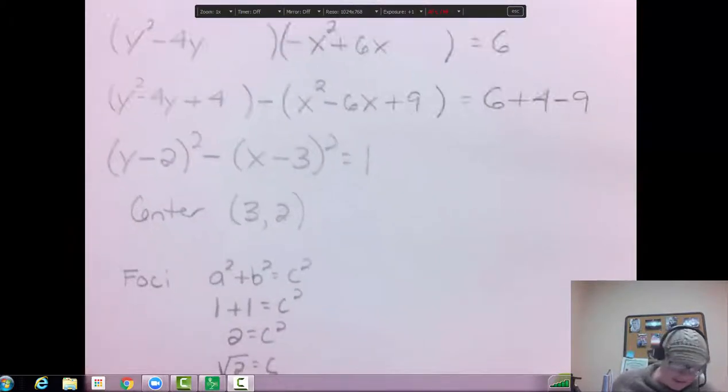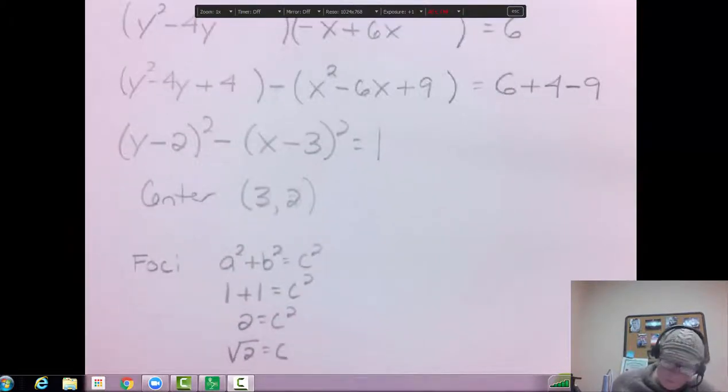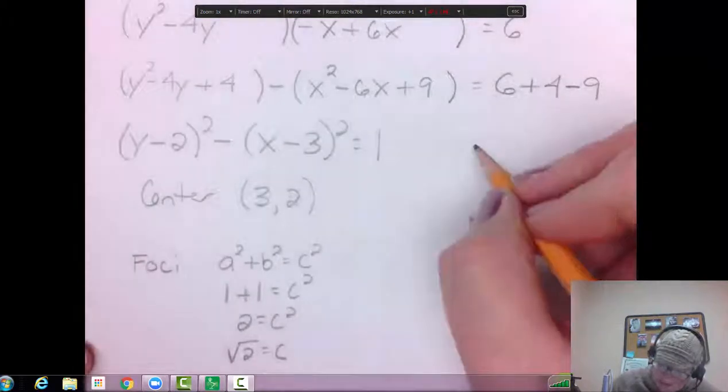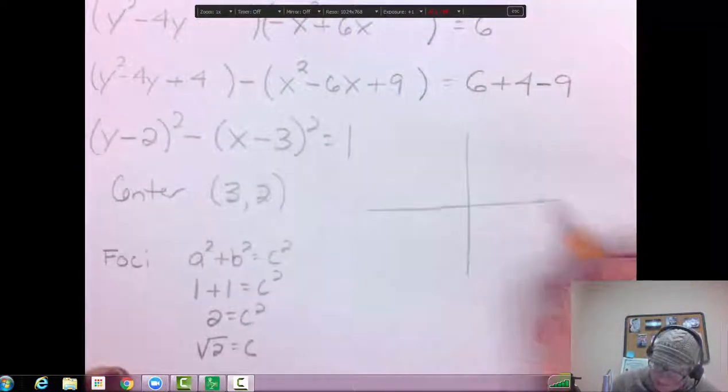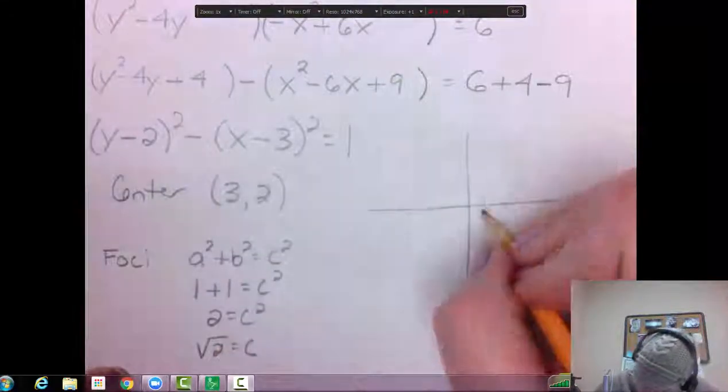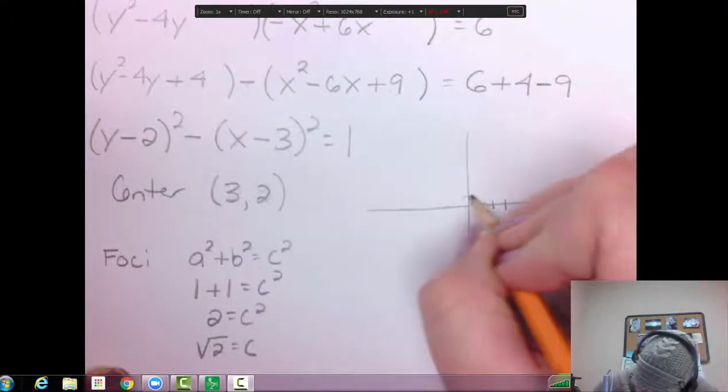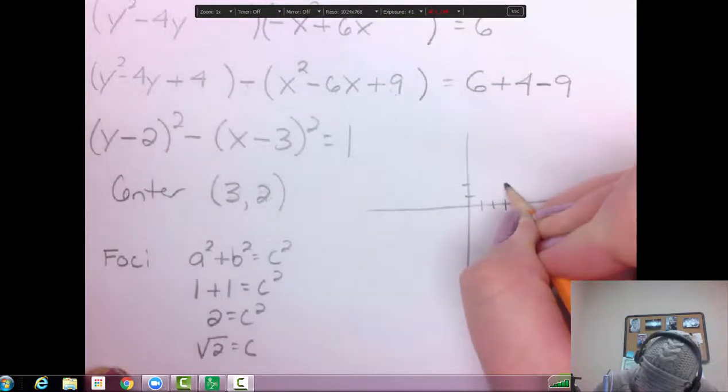And if we go to look at that focus, we know that this shape, I'm going to sketch a graph. It's not going to be super good. 3, 2 is our center.